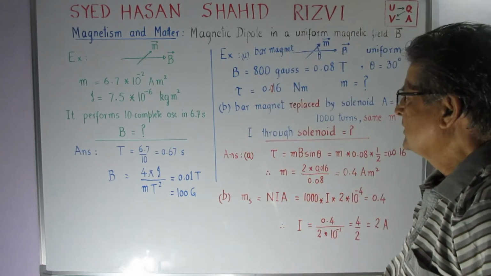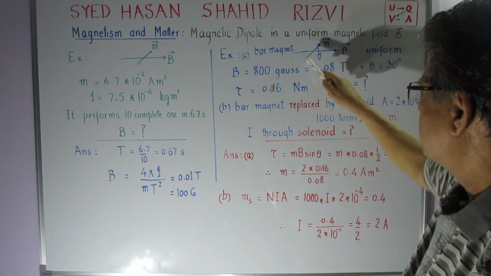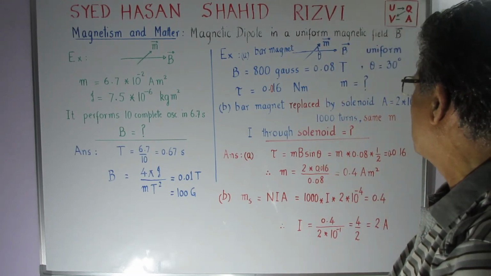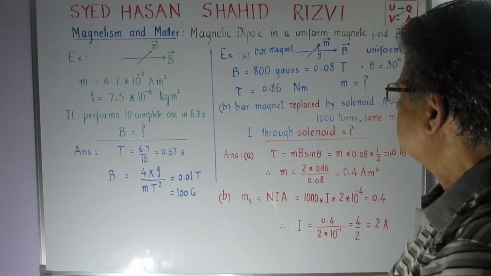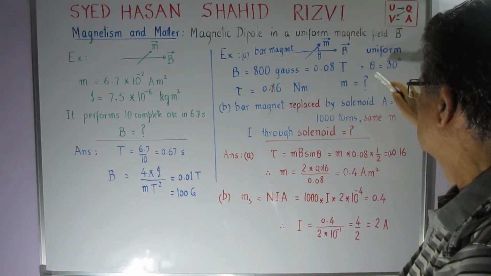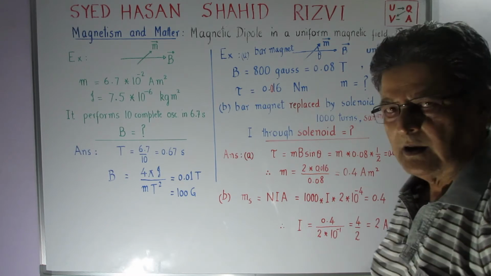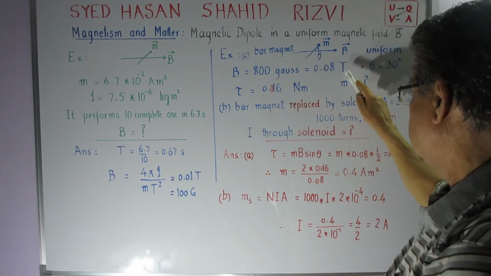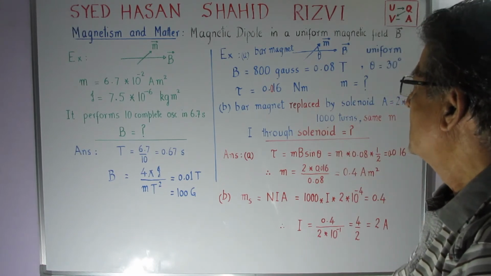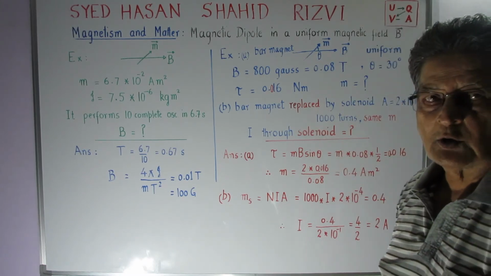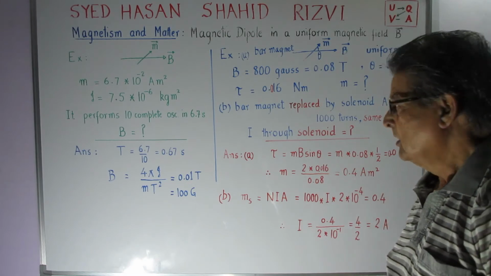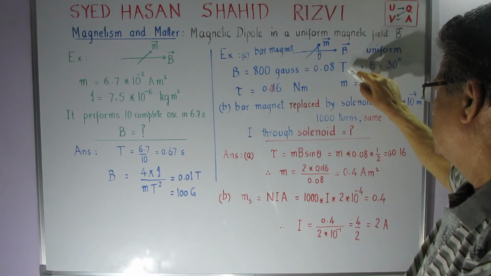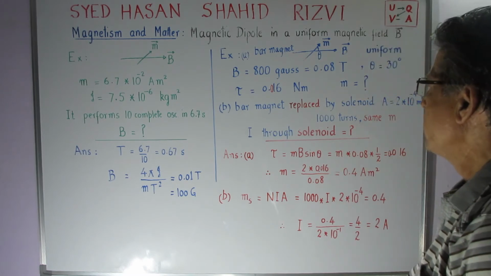Another exercise where we take a bar magnet with an M in a uniform B, and it makes an angle of 30 degrees with this. The value of B is given as 800 Gauss, which I have to readily convert into Tesla, because we are doing MKS, the SI units, and therefore our unit should be Tesla.